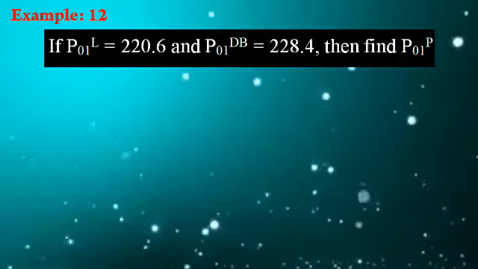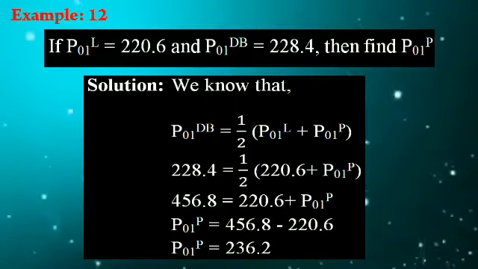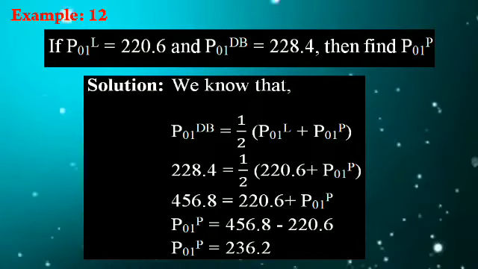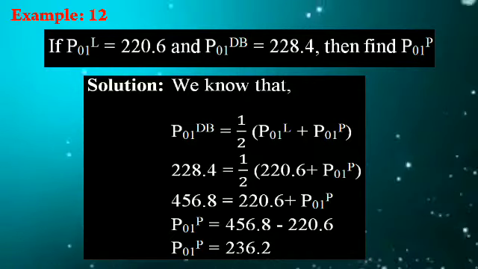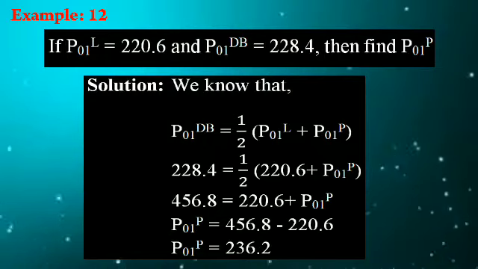Solution, we know that P01 of dB equal to half into P01 of L plus P01 of P. After that, substitute in the formula. Dorbish-Bowley's price index is given as 228.4.